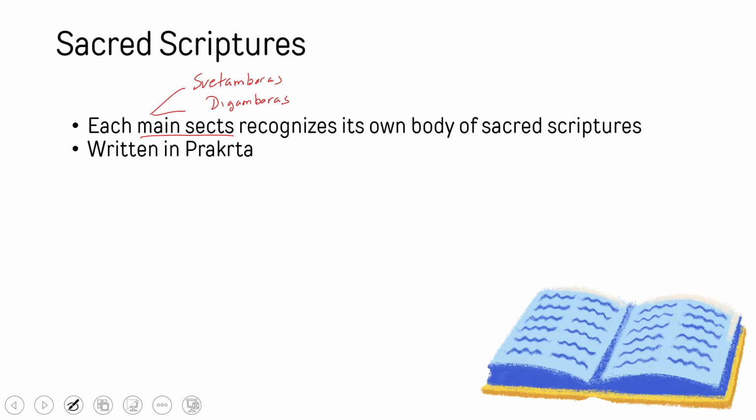First we'll take a look at the main scriptures, then we'll see how these two sects differ in following the scripture. Each sect followed its own way of interpreting scripture. And most of the Jaina texts are written in Prakrita, which is an early form of Sanskrit.